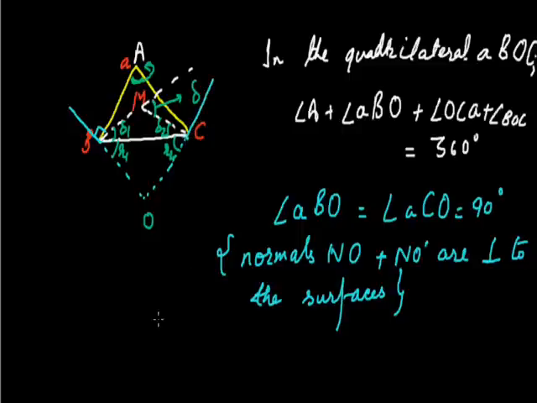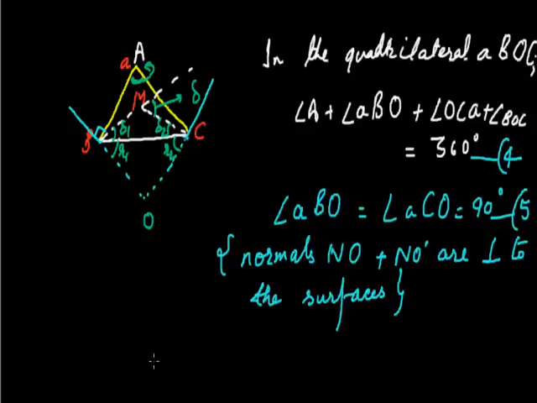Alright, now if angle ABO and angle ACO are equal to 90 degrees, we should use this information. This equation is 4 and we are numbering this one 5.